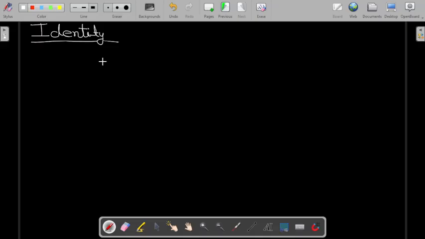That is, if we say that E is an identity element, then if we compose any A belonging to some group G with the identity, it would return that element. This will happen for every A belonging to the group G.